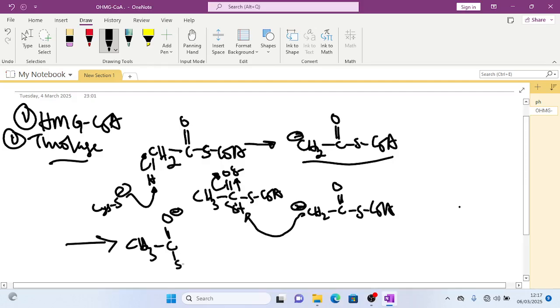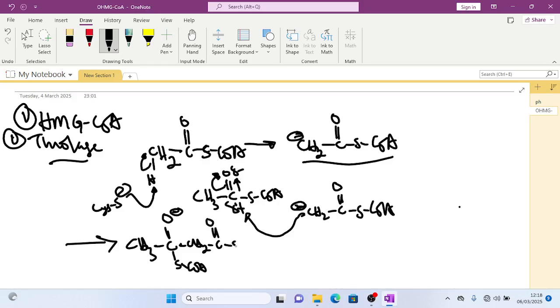This is our S-CoA, our coenzyme A, and then we have CH2 like this. Because of the instability of this charged compound, the bond resonates back, and this causes the cleavage of this coenzyme A group. So what is formed eventually is a compound called acetoacetyl-CoA.